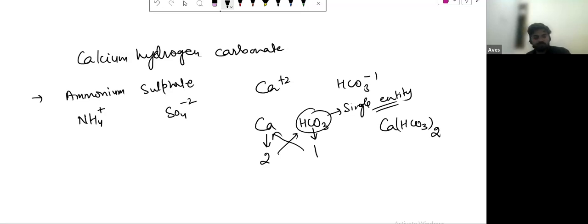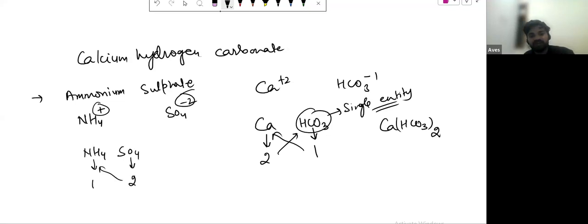NH4 and SO4. We don't write the charges here, we just need the valencies to write the formula. Ammonium is NH4 and SO4 is 2.